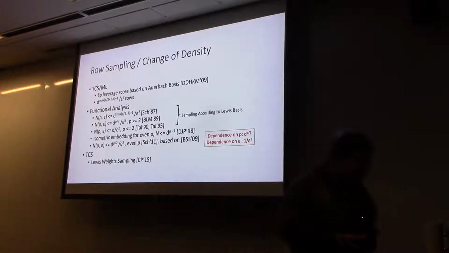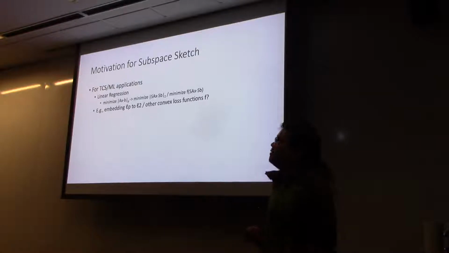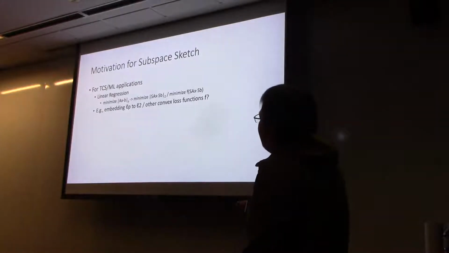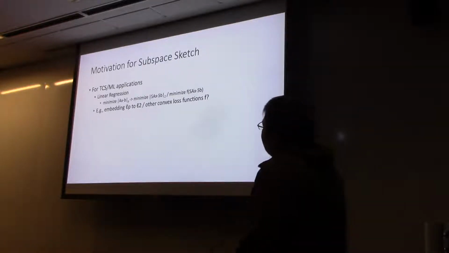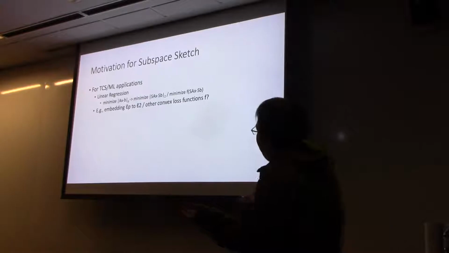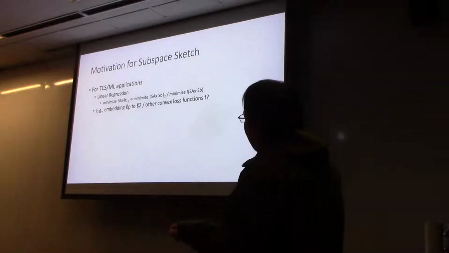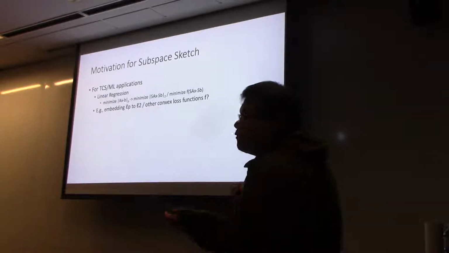But before answering these questions, let's first see why we really need subspace embedding. Can we use something else? Let's consider the example of linear regression again. Say I have some magic embedding that can map LP norm to L2, or some other magic embedding that can map LP norm to some function f. Will this work?